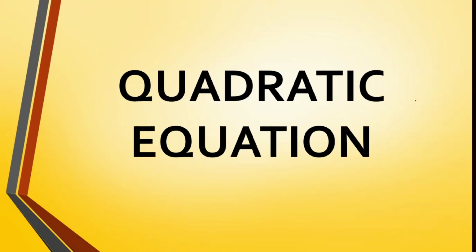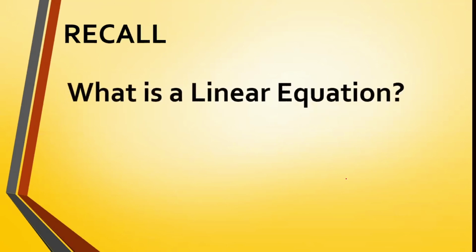Equation po siya. Okay, so for the further discussion about quadratic equation, let's just have a short recap first about linear equation. Okay, let us recall. So what is a linear equation? Linear equation po is 1 po yung exponent. Very good.